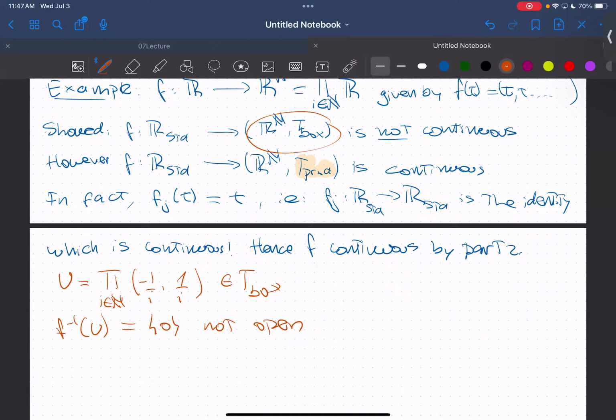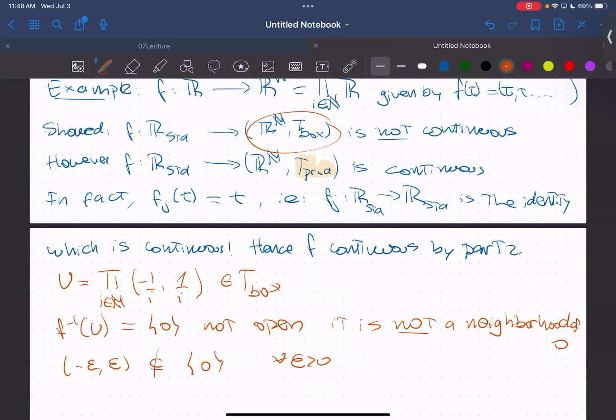And why is it not open? If a set is open and there is a point in the set, then you need an open interval around the point contained in the set. So it is not a neighborhood of 0, because (negative epsilon, epsilon) is never a subset of {0}, because you have other stuff there.